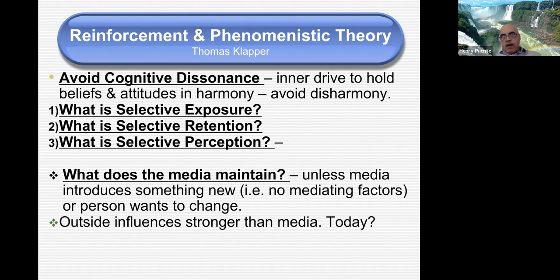Because you don't want to feel cognitive dissonance if you're a Republican or Democrat and you're watching the other networks that are critiquing your political ideology, and it may create disharmony in you. So anyways, you pick media, selective exposure. You pick media that only fits your beliefs.